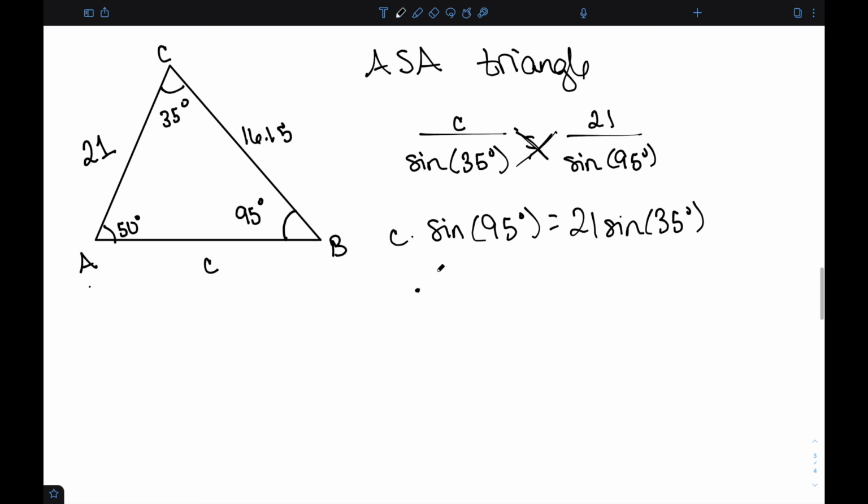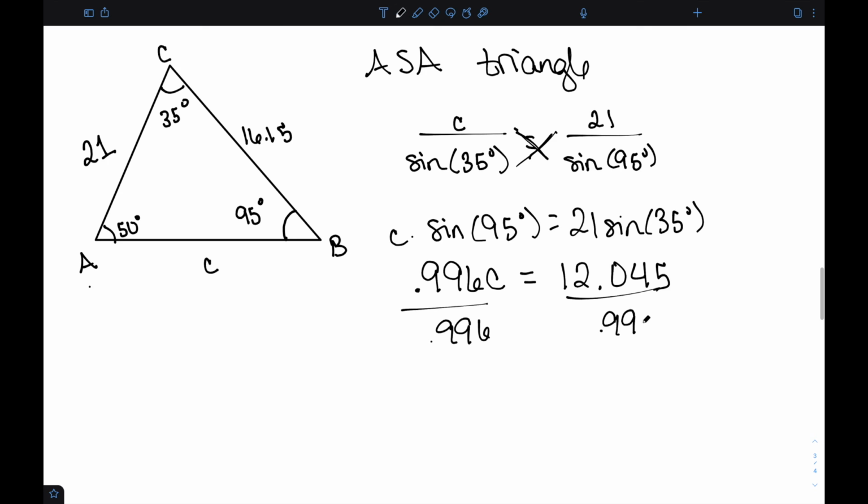Working this out gets me 0.996c on the left, and on the right, 12.045. We can then divide both sides by 0.996 to get that the length of c is 12.09. So if I change the length of c in my picture, I've now solved this triangle. I have all three angles and all three sides.